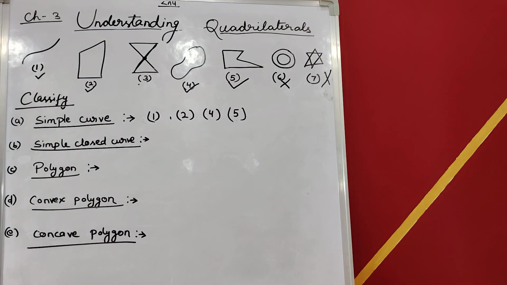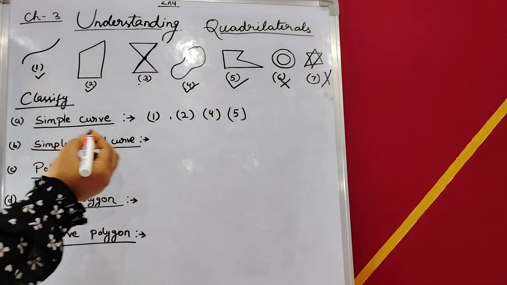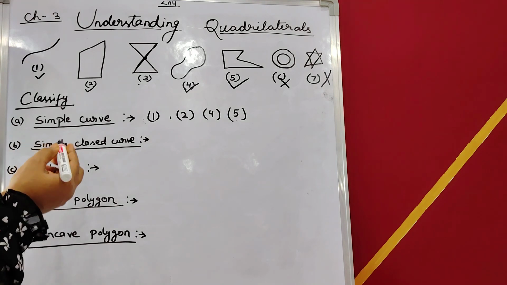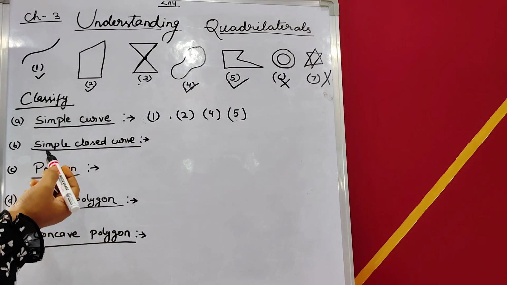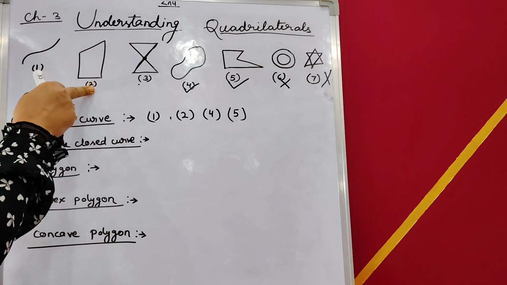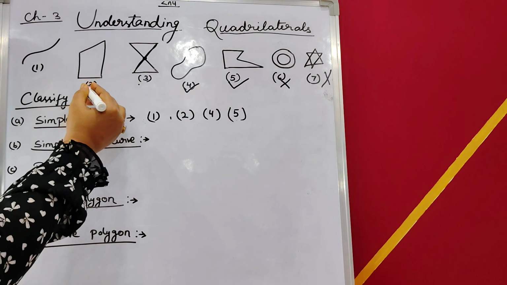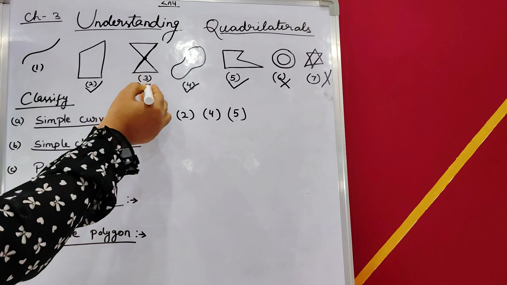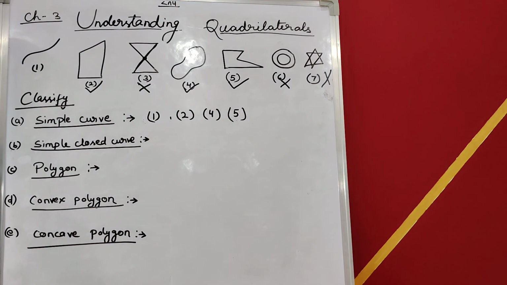Okay. Next one is asking about the simple closed curve. The simple closed curve states that it should have the same beginning point and ending point. So this is not a closed curve. This is a closed curve, but it is not a simple curve, so it is not a simple closed curve.